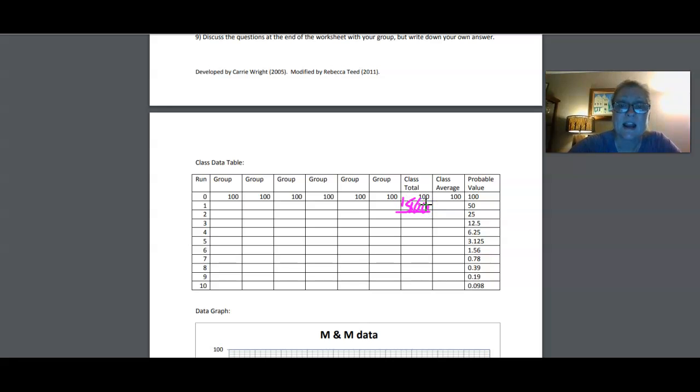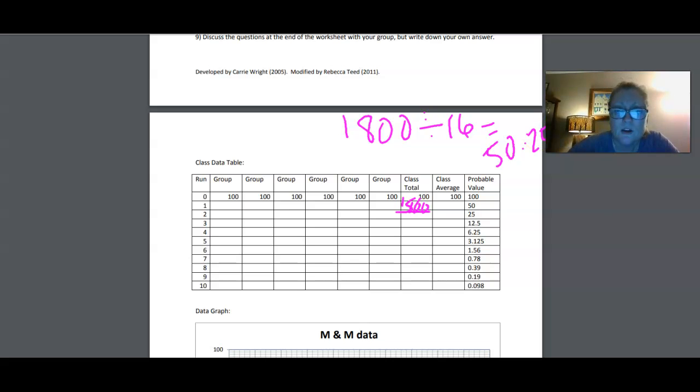So I'm going to take my total, 1800, and divide it by the total number of people reporting. So let's say it was 16. And that equals, I added up all your data, by the way, and I got 50.25.